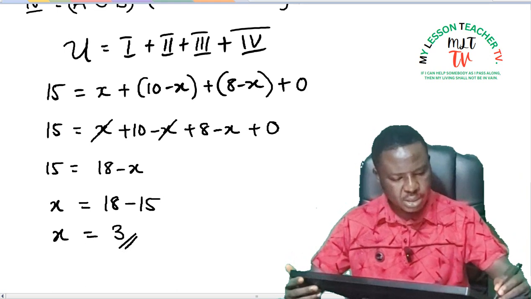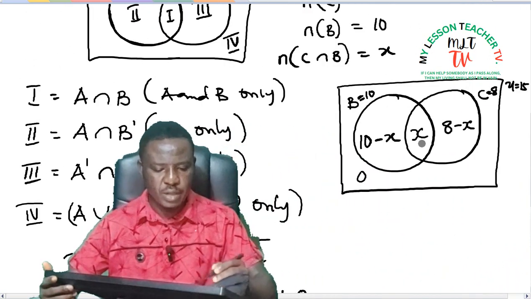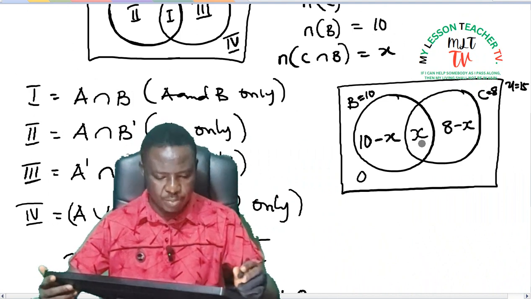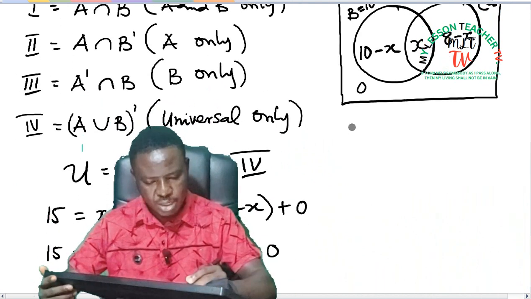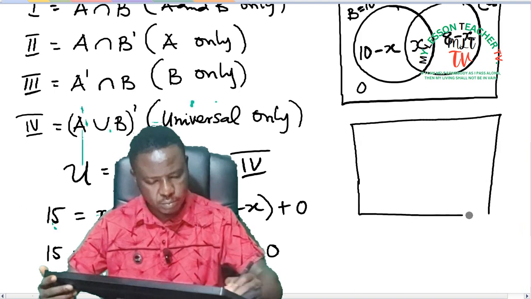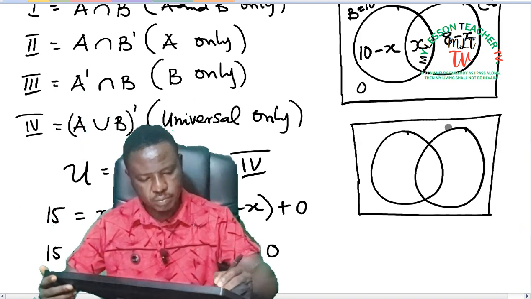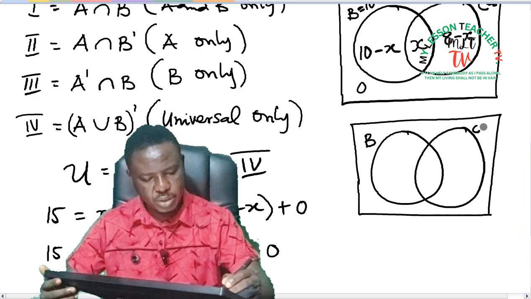What that means is that out of 15 of them, 3 are said to have smoked cigarette and drank beer. So our new Venn diagram gives us something like this. This is beer, this is cigarette.